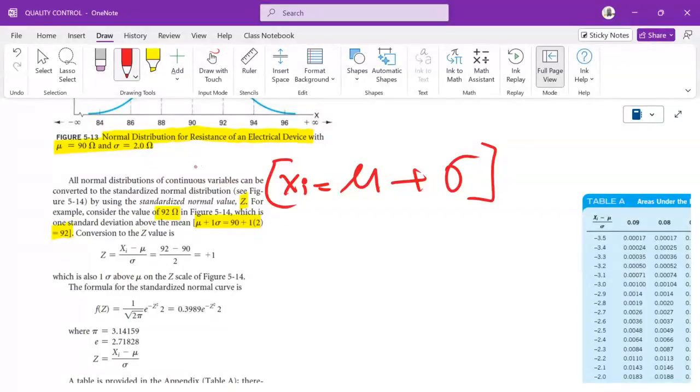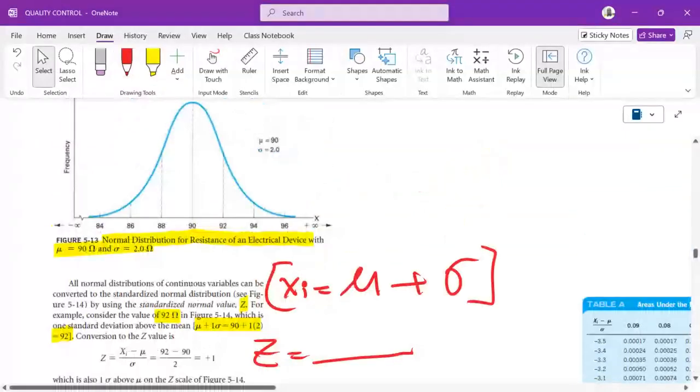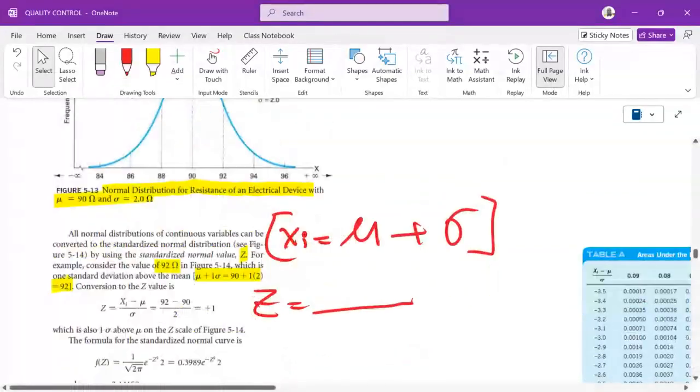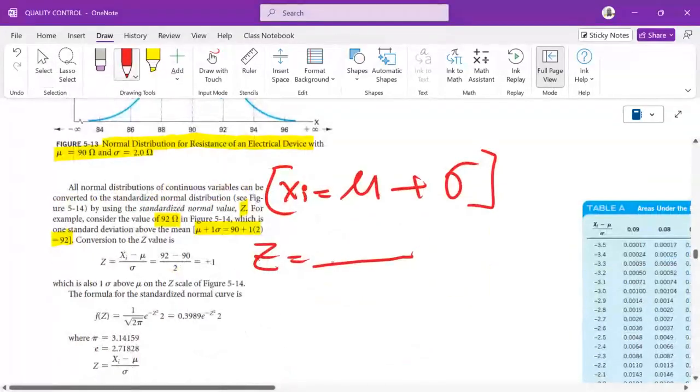Then our z is the standardized normal value.